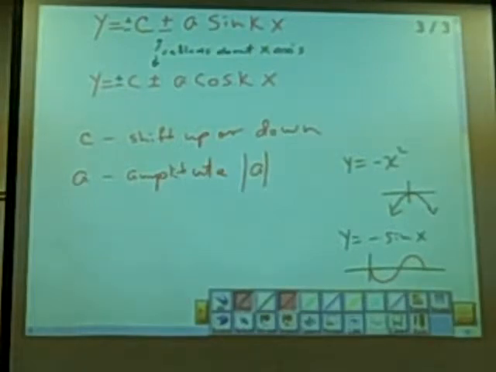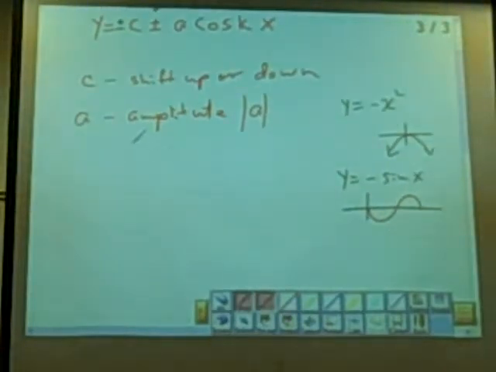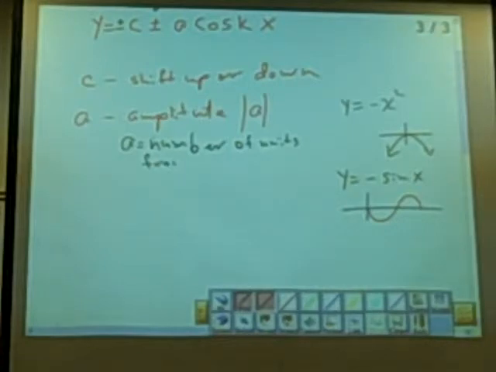You look at A as the number of units from 0, just like any absolute value, where 0 is like the x-axis. It's the number of units from 0 for the y-coordinate.